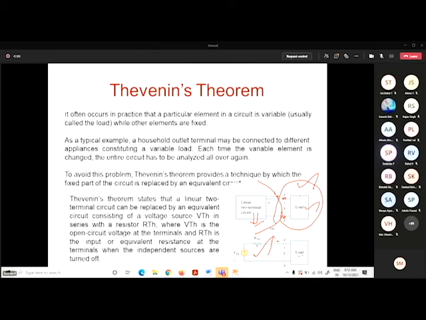My interesting element is this load, because it is going to be variable. If the load is only 2 ohms, what is the power dissipation? Or if the load is 10 ohms, what is the power dissipation? That is what I am interested in. So what do I do now? Ignore this load, and the remaining part of the network can be drawn as its equivalent network: a voltage source in series with a resistance, called Thevenin's voltage and Thevenin's resistance.